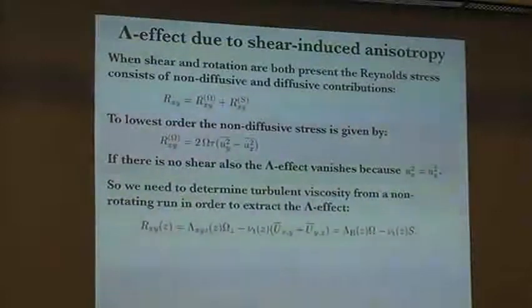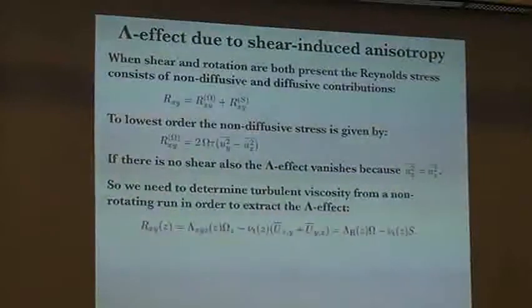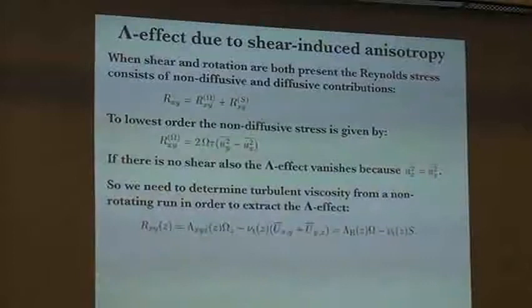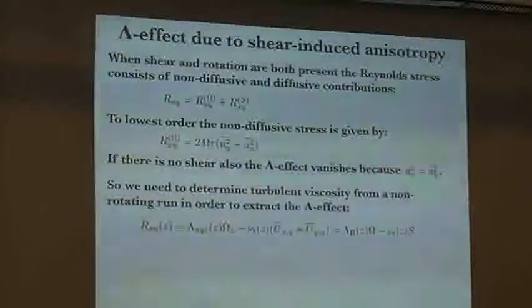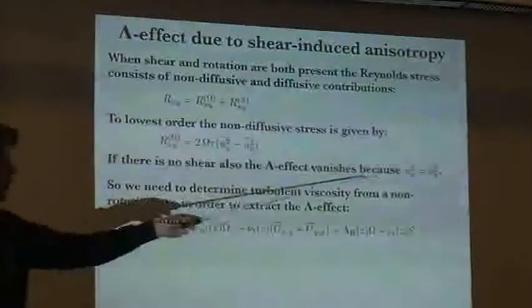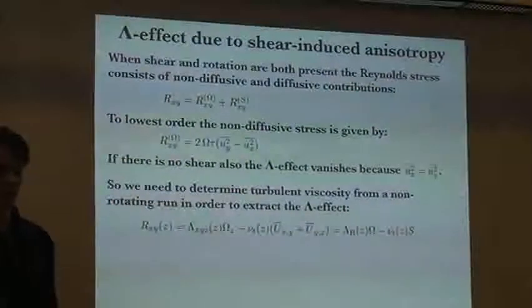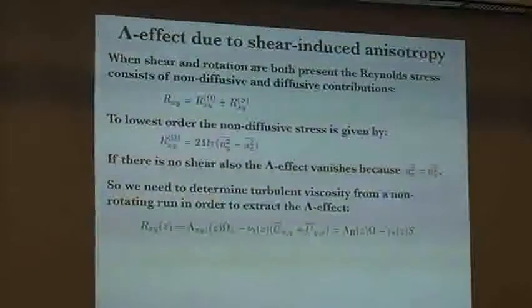And why do I say that this is a lambda effect due to shear-induced anisotropy? If you remove shear from this system and you have rotation parallel or anti-parallel to gravity, then there will be no difference between x and y directions of the flow, and the lambda effect would vanish.